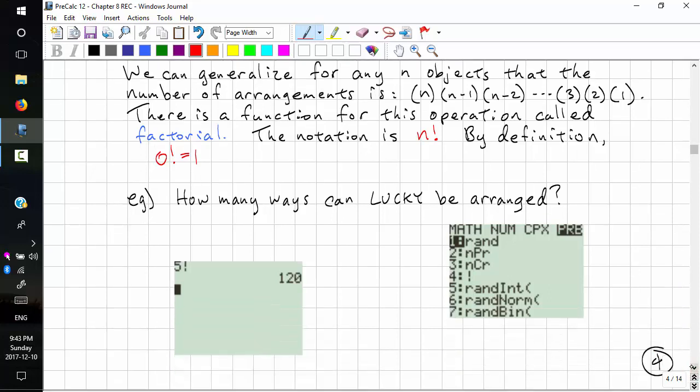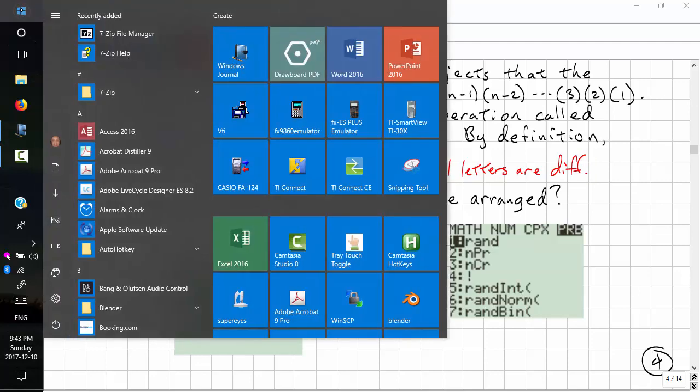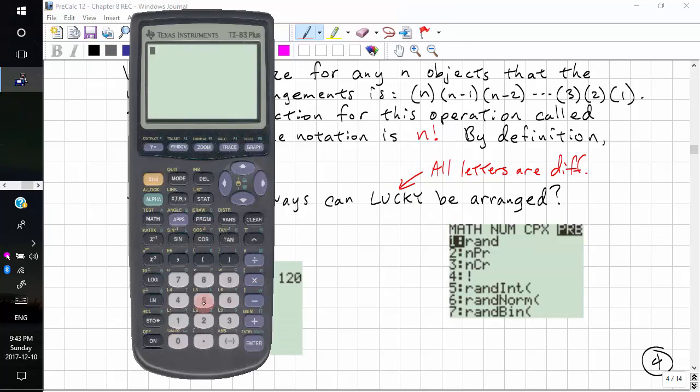How many ways can LUCKY be arranged? All letters are different. So we can enter 5 factorial on our calculator, so let's do that. So 5 factorial, we go 5, we go math, and then we scroll over to probability.